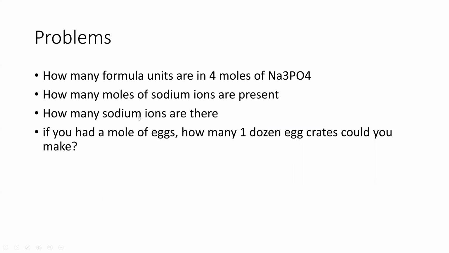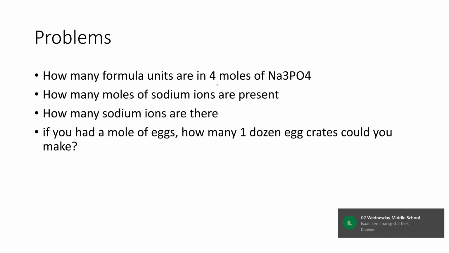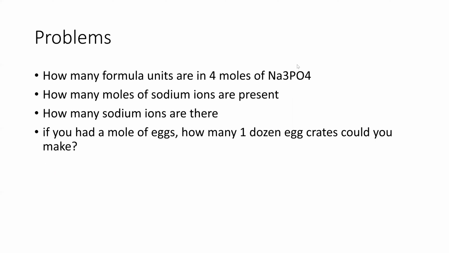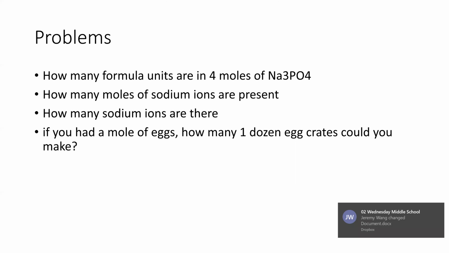So here are some problems. How many formula units are in 4 moles of Na3PO4? Can someone tell me how many formula units are here? How many things of this are there? When I say I have 4 dozen eggs, I have 4 times 12 eggs.